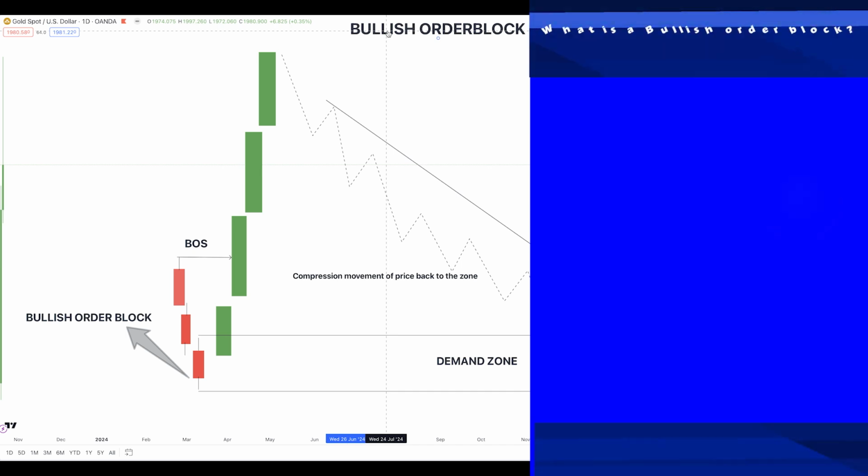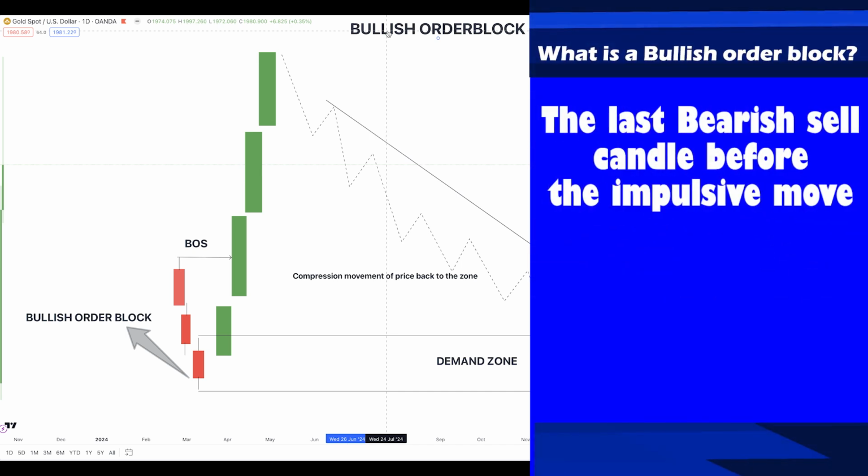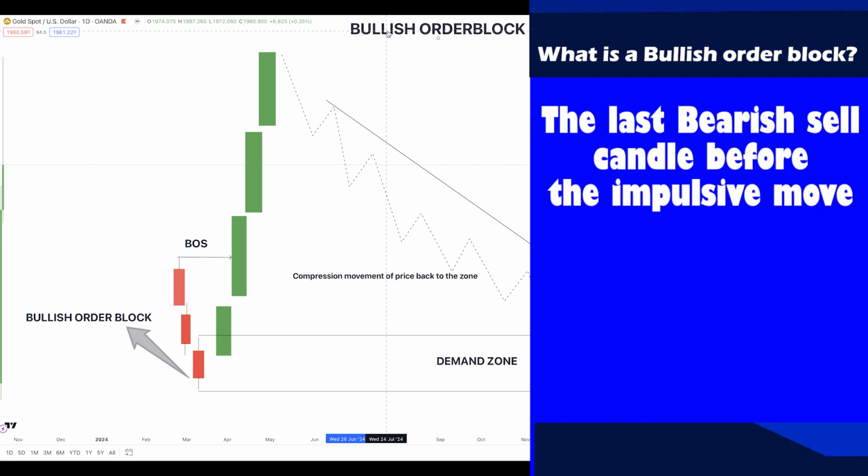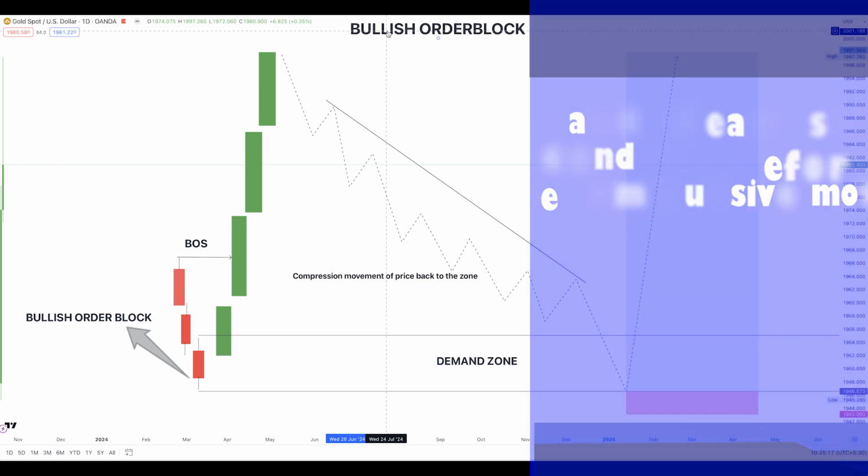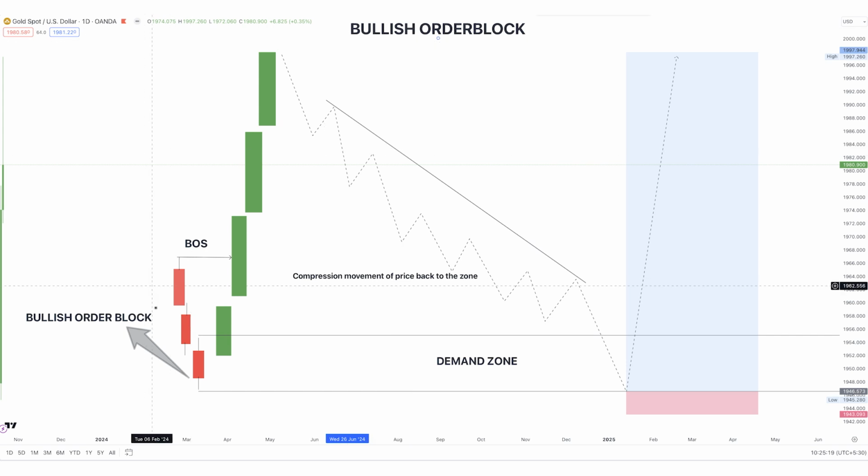What is the bullish order block? The bullish order block is the last bearish sell candle before the impulsive move. So this is the last sell candle before this explosive move.